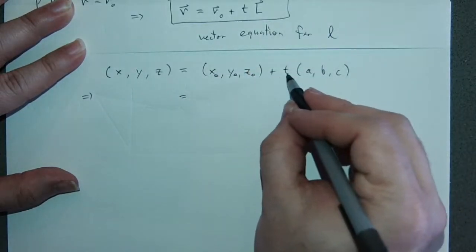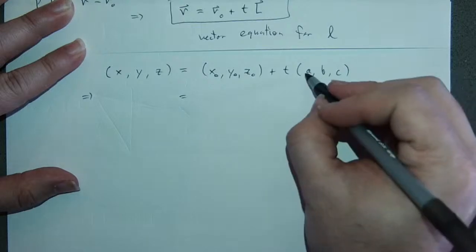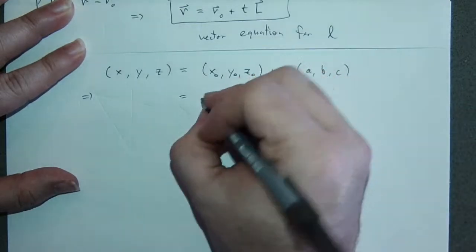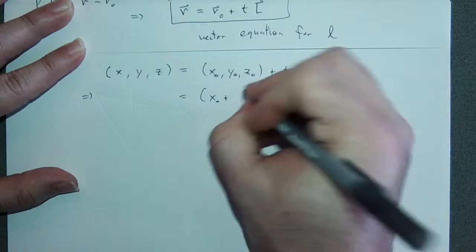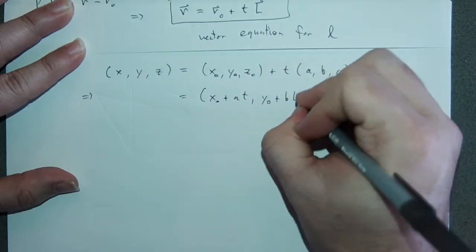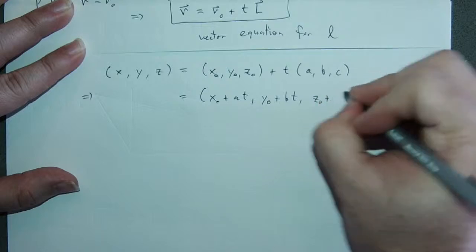Of course, t is a scalar times a vector, so I can multiply each of these components by t. This would be ta, tb, and tc. Adding those, I would get x naught plus at, y naught plus bt, and z naught plus ct.